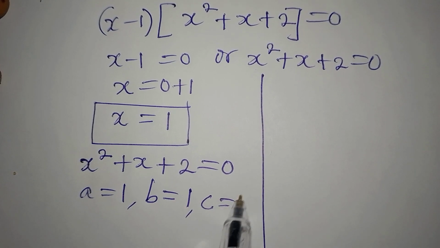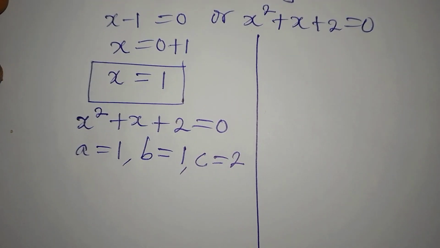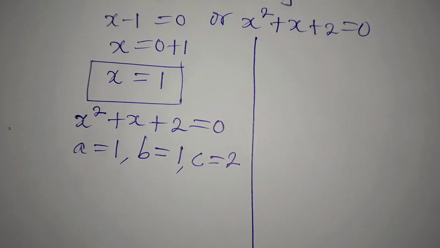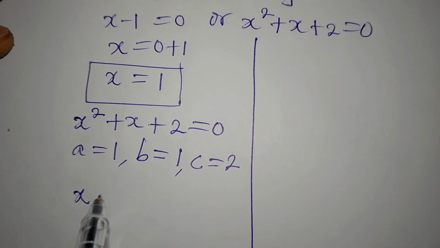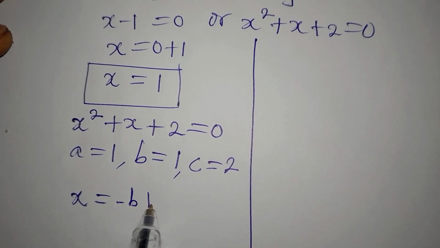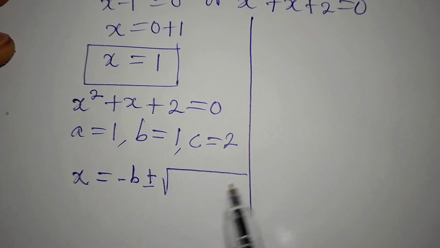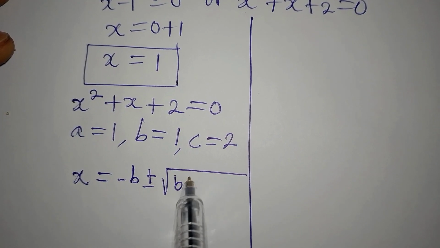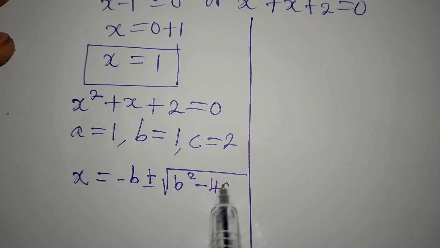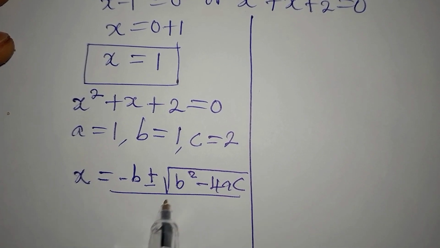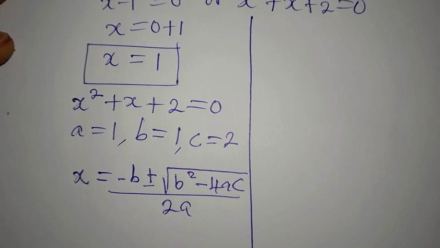And c is a constant, which is 2. Now remember the formula. The formula is x equals minus b plus or minus the square root of b squared minus 4ac, divided by 2a.